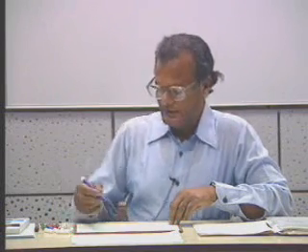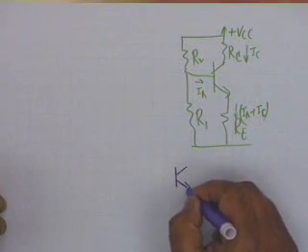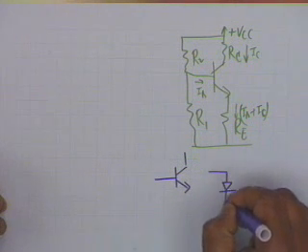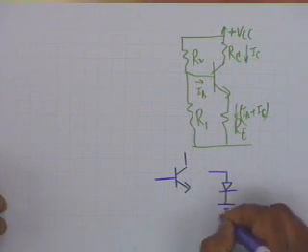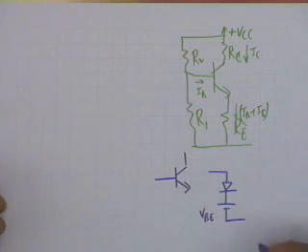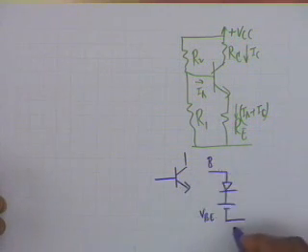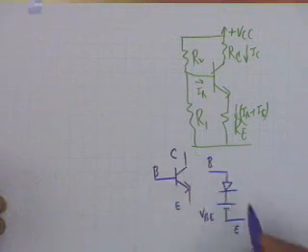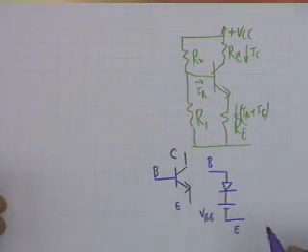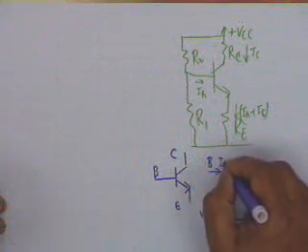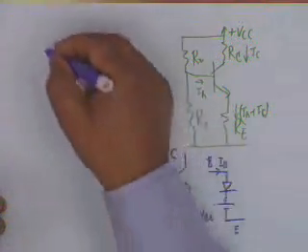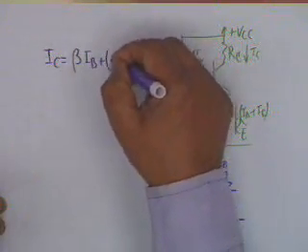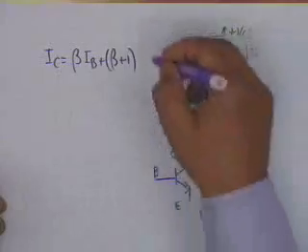Therefore the transistor is equivalent to an ideal diode in series with VBE. This is the base and this is the emitter, and this is the collector, and under this condition you know that if the base current is IB, then I sub C, the collector current, is simply beta IB plus beta plus 1 ICBO.